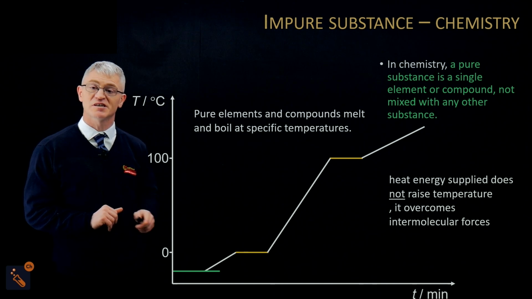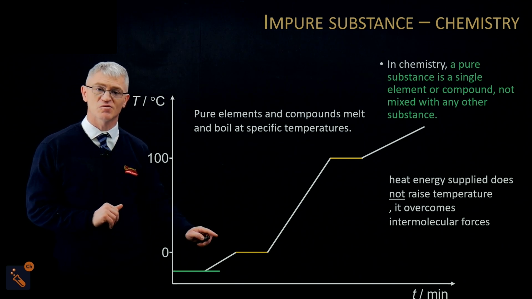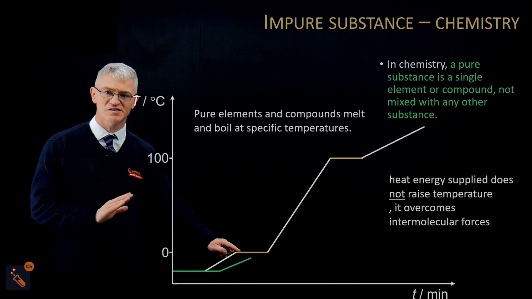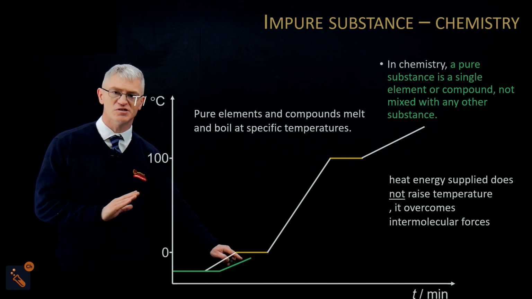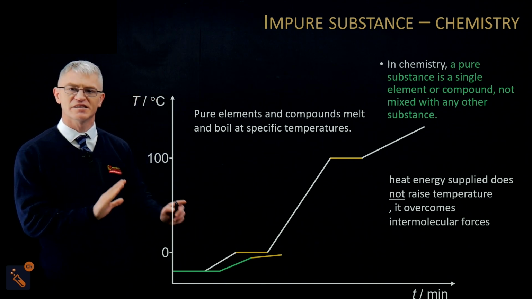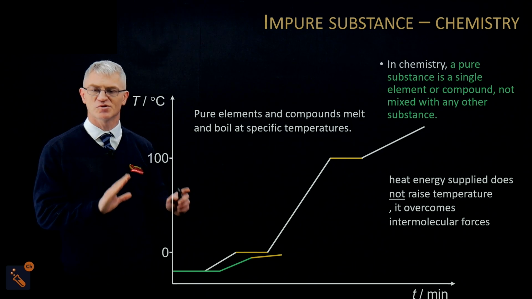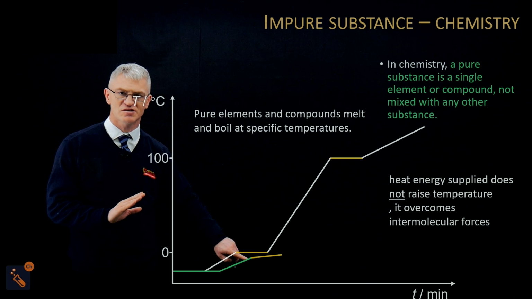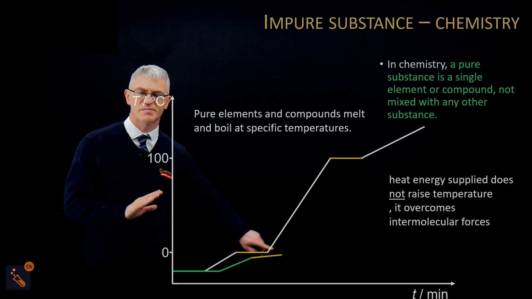Now the impure substance is done in green, but where we are breaking the intermolecular forces is still going to be in orange. So we can see here, we've raised the temperature, and then in orange, just like here, the intermolecular forces are being broken between the molecules. But you notice this is not a nice straight line, this is going up.